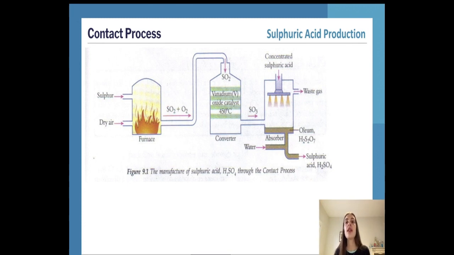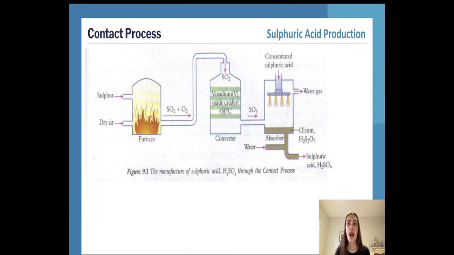This is very easy to see if you take an extreme case. Supposing you have 1 million molecules of oxygen to every molecule of sulfur dioxide. The equilibrium is going to be tipped very strongly towards producing sulfur trioxide, because virtually every single molecule of sulfur dioxide will be converted into sulfur trioxide.